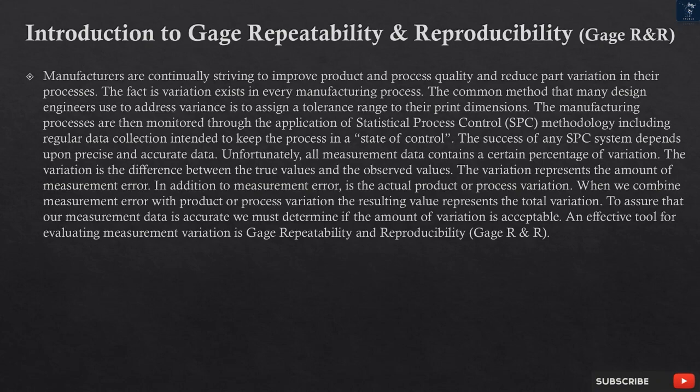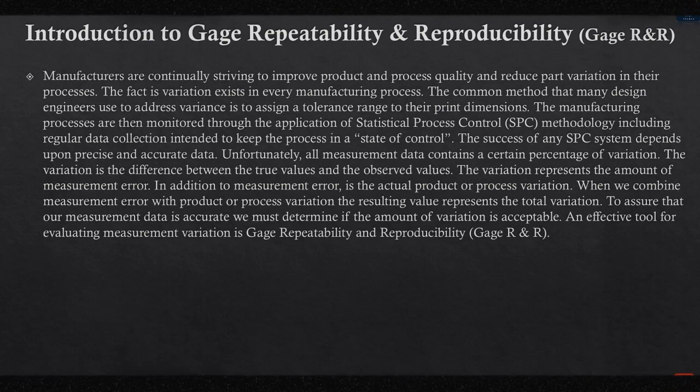When we combine measurement error with product or process variation, the resulting value represents the total variation. To assure that our measurement data is accurate, we must determine if the amount of variation is acceptable. An effective tool for evaluating measurement variation is Gage Repeatability and Reproducibility, GR&R.